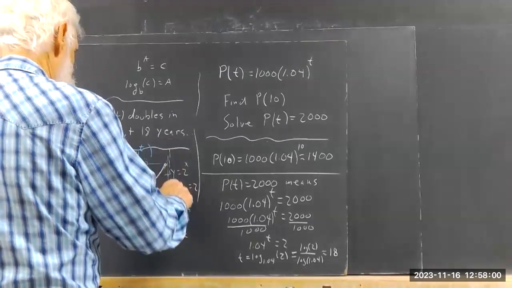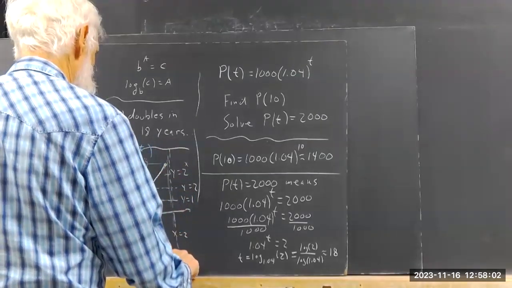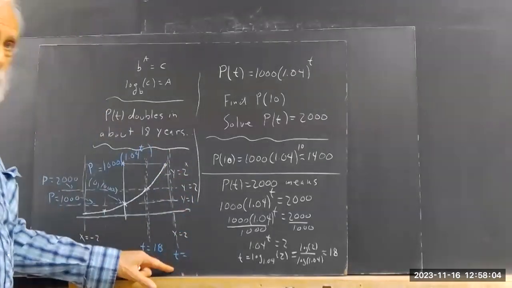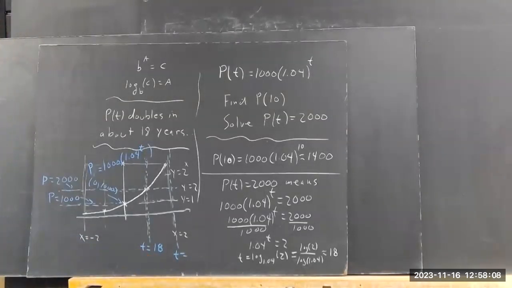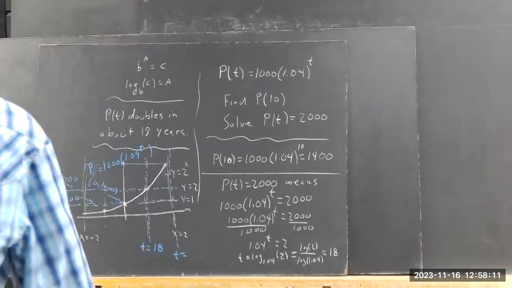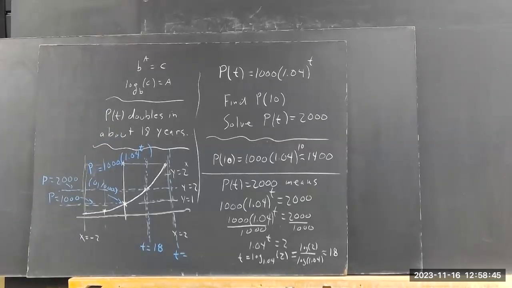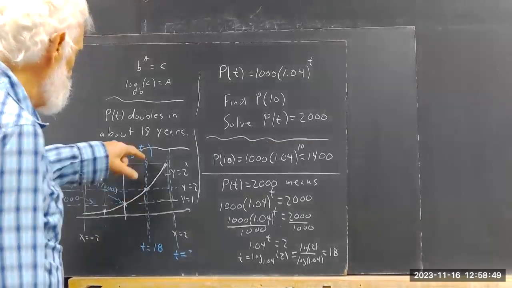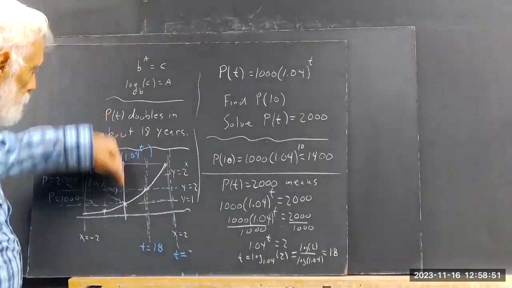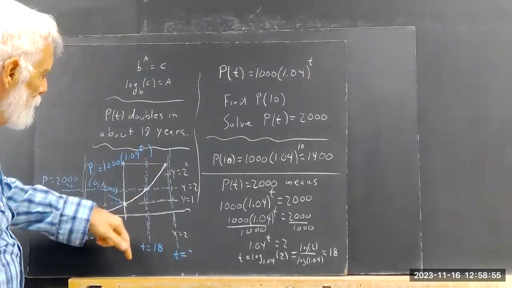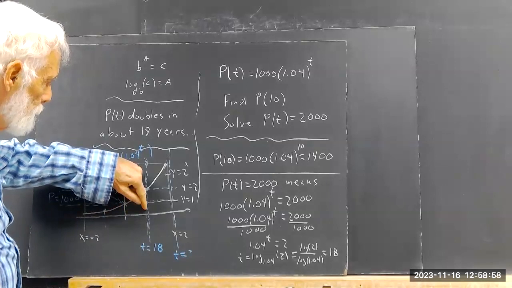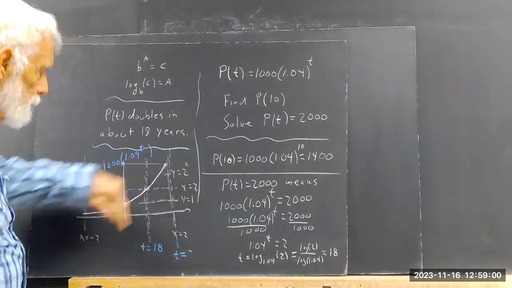What do we got here? What's t equal here? Got 2 digits. Well, let's just talk about it. Okay, so again, t is 18 here. What's t here? Well, t is 0 here. This line is as far to the right of 0 as this line is to the right of this one.